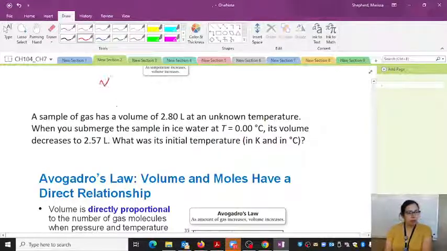I'll rewrite the formula. So V1 over T1 equals V2 over T2.